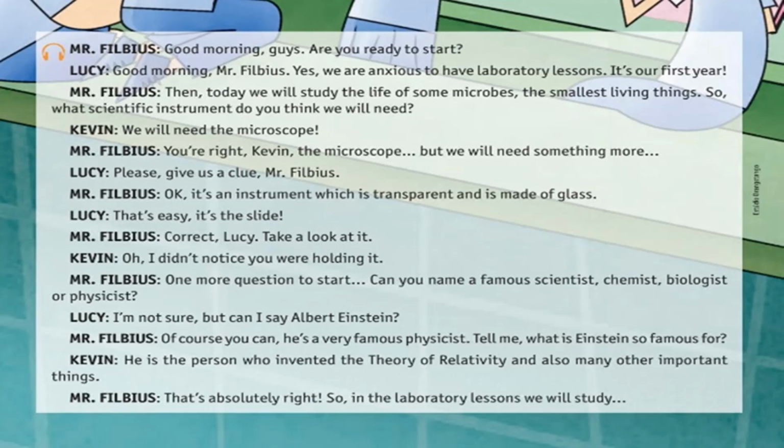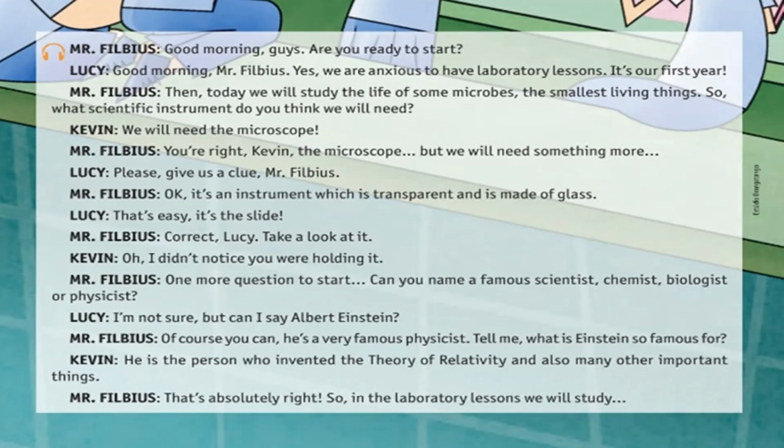Correct, Lucy. Take a look at this. Oh, I didn't notice you were holding it. One more question to start. Can you name a famous scientist, chemist, biologist, or physicist? I am not sure. But can I say Albert Einstein? Of course you can. He's a famous physicist.